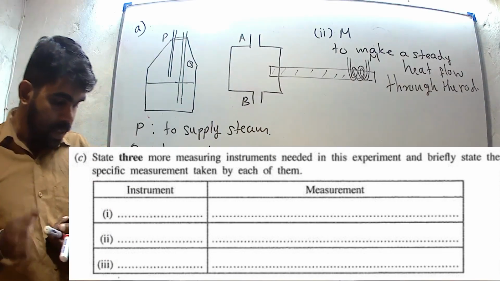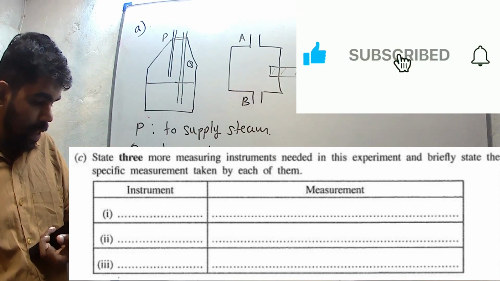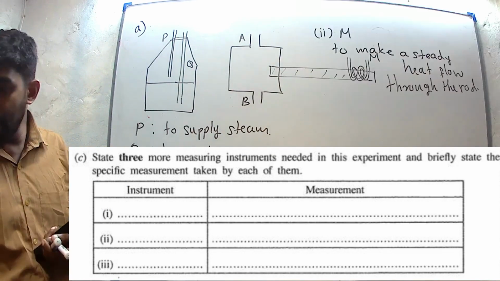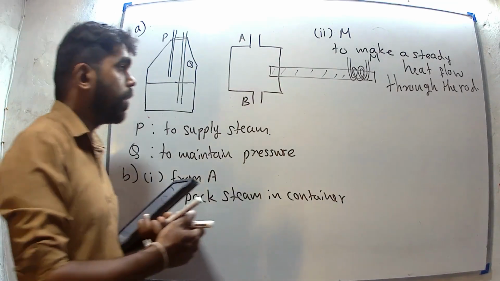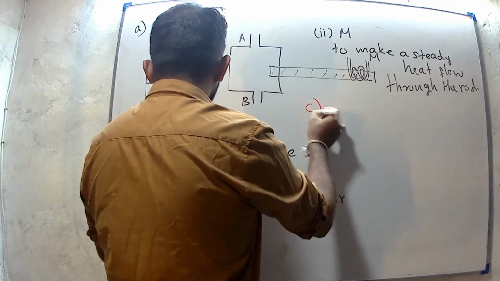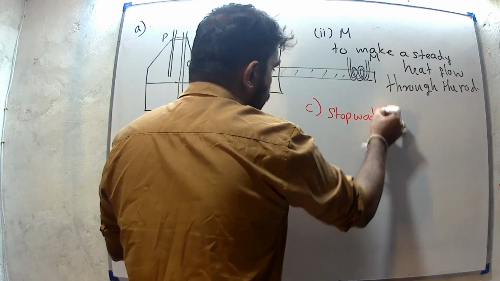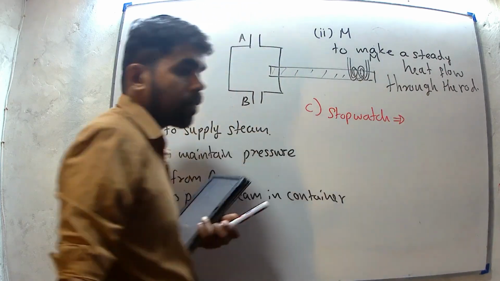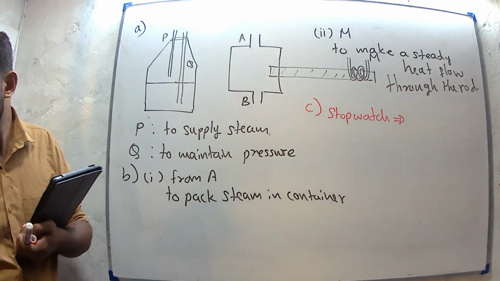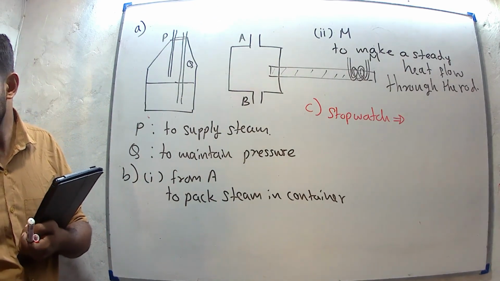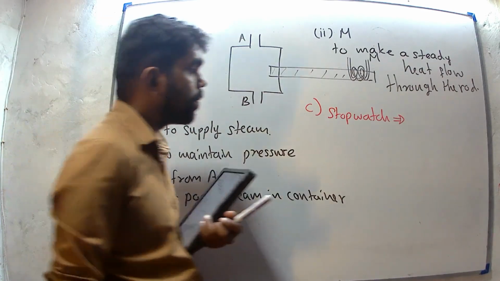Then part C: state 3 more measuring instruments needed for the experiment and briefly state the specific measurement taken by each of them. We can write the first one is a stopwatch. We are using the stopwatch to determine the time taken to collect water at a steady condition.